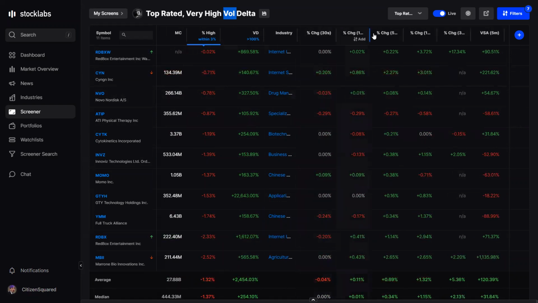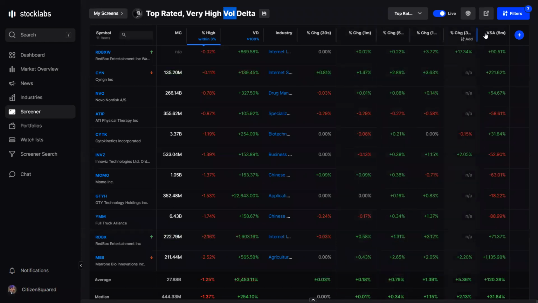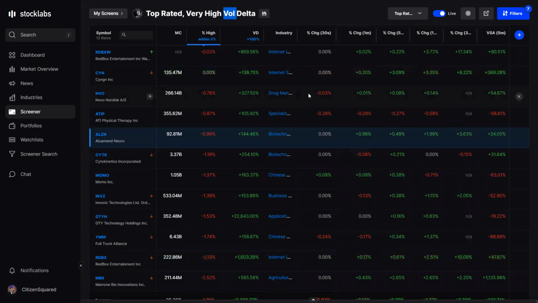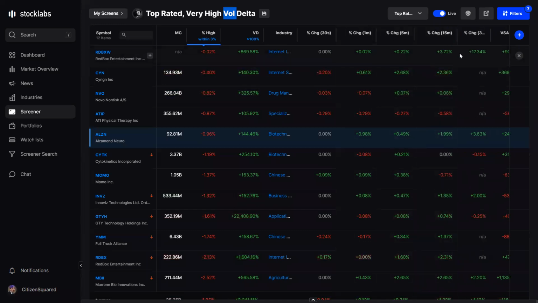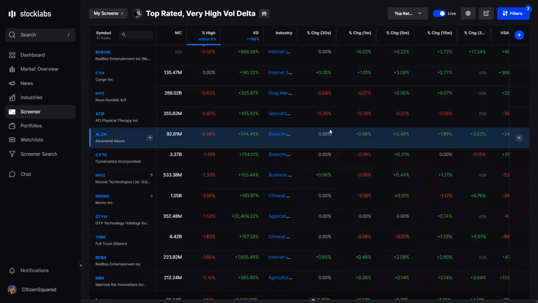So this exists for anything from 30 seconds to 30 minutes. So how much has the stock changed in the last 30 seconds? How much has the stock changed in the last 5 minutes? How much has the stock changed in the last 15 minutes, and so on? So you can use those. You can use this percent change if you want to filter by it to find things that are actively moving.